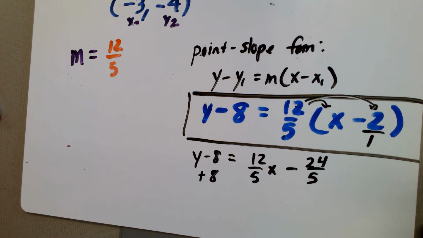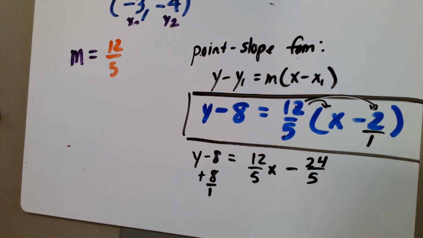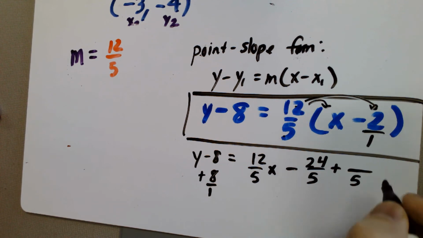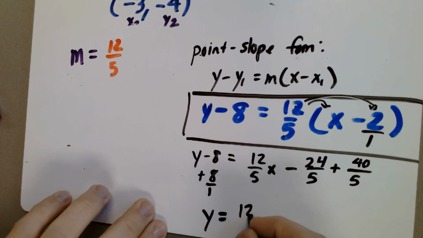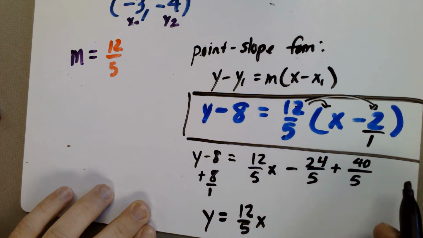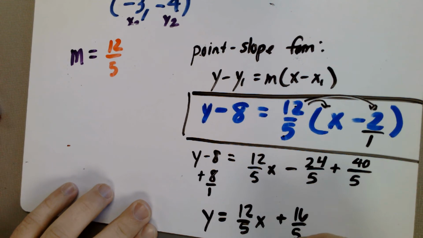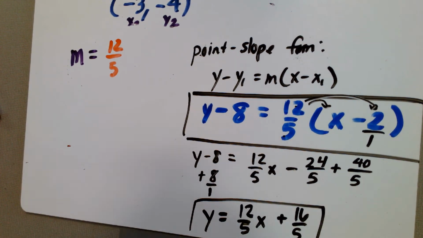How do I add a whole number to a fraction? If I think of this as 8 over 1, I can have a common denominator of 5. So 8 times 5 is 40 on top. And we get y equals 12 over 5x, and then negative 24 plus 40 is plus 16 fifths. So that's our equation in slope-intercept form.